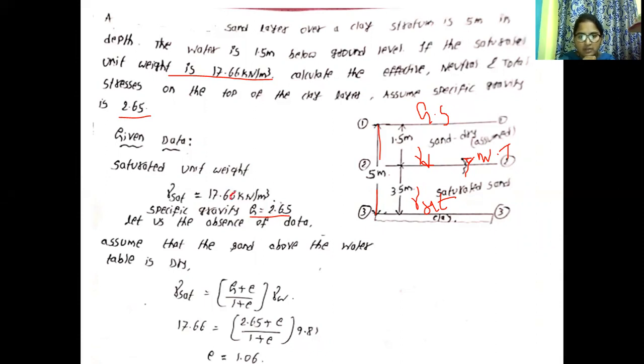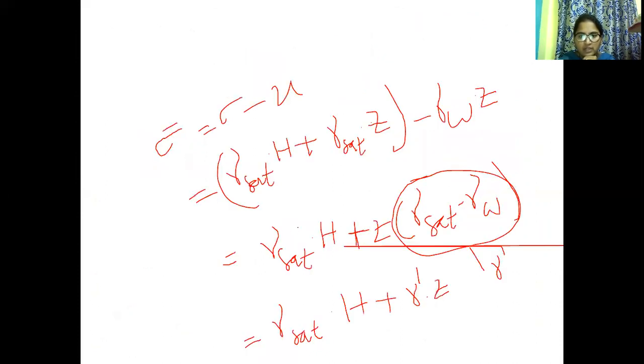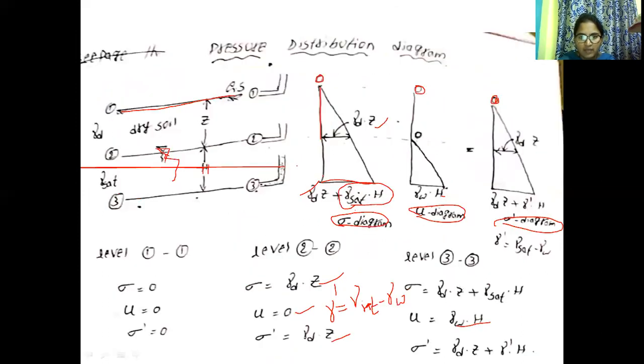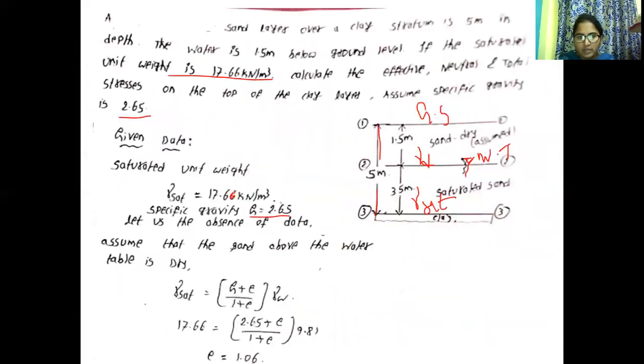But in our problem we require both the gamma D value and the gamma sat value, and the two depths, z value and h value, are already given. So how do we determine the gamma D value? You can determine it with the help of the gamma saturation equation.